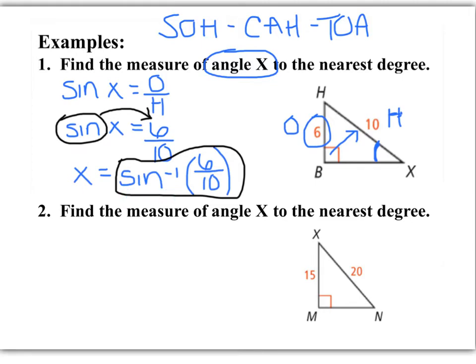That function will open a parenthesis for you, and you are going to enter your 6 over 10 in the parentheses. We enter that in the calculator simply as 6 divided by 10. You will close your parenthesis in the calculator and hit enter.